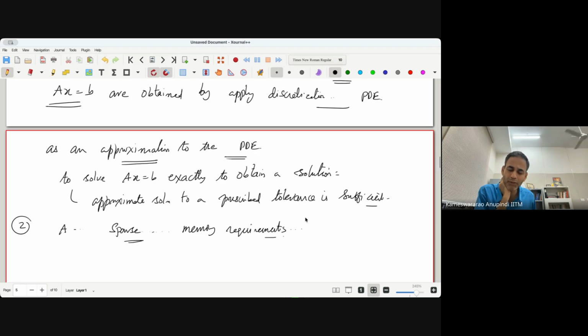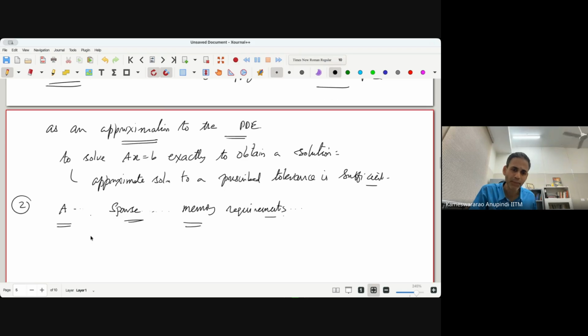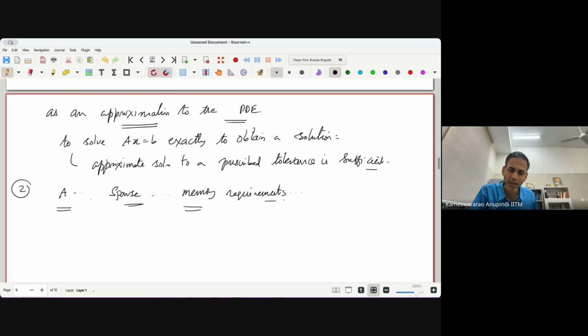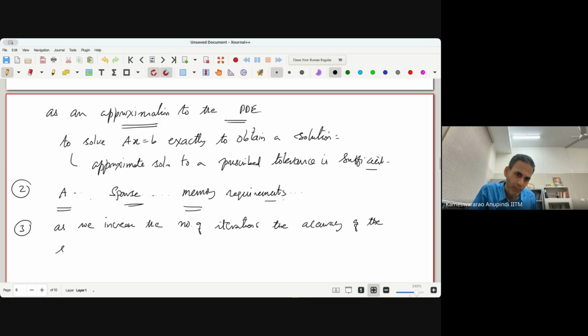So iterative methods are preferred over direct methods, because not only are the memory requirements lower, and we are not going to get an exact solution, but we can also say that as we increase the number of iterations, the accuracy of the solution can be improved.